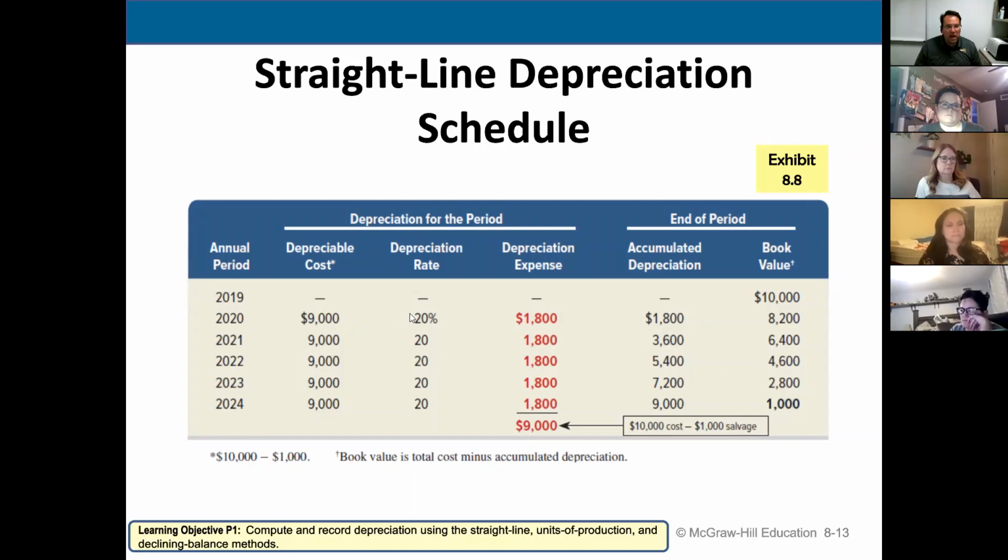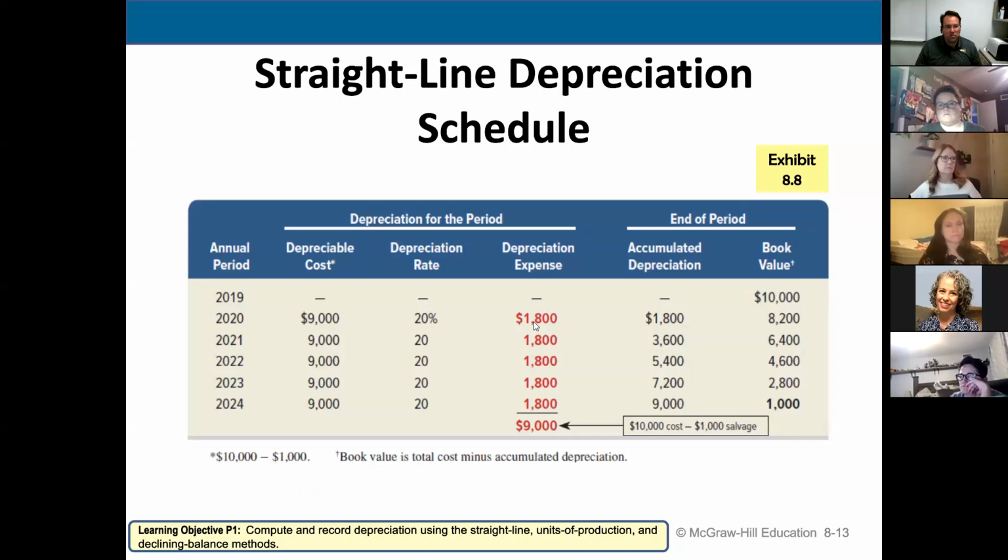Since it's an asset that has a 5-year useful life, it means we're going to depreciate 20% of that depreciable cost each year, or $1,800. So at the end of the first year, we'll have accumulated depreciation of $1,800, and our book value, which is our cost of $10,000 minus our accumulated depreciation, will be $8,200.